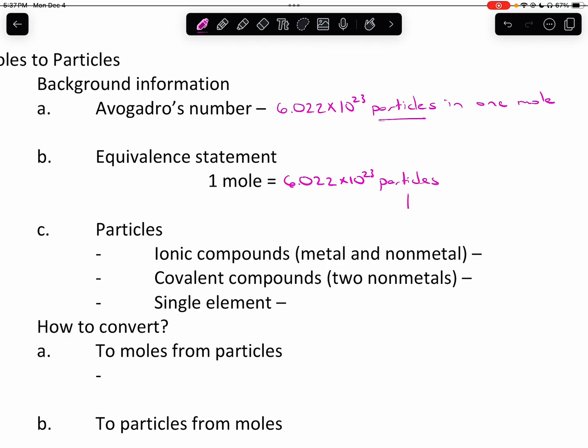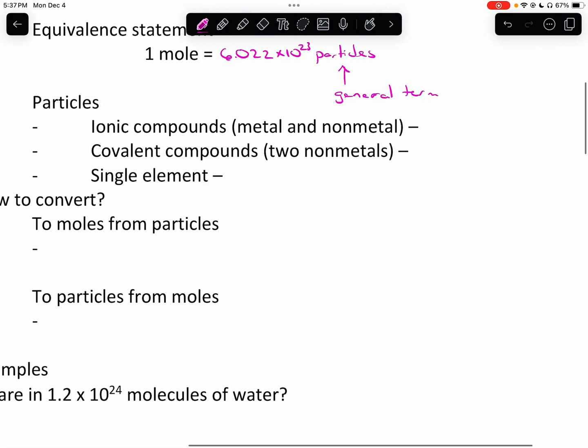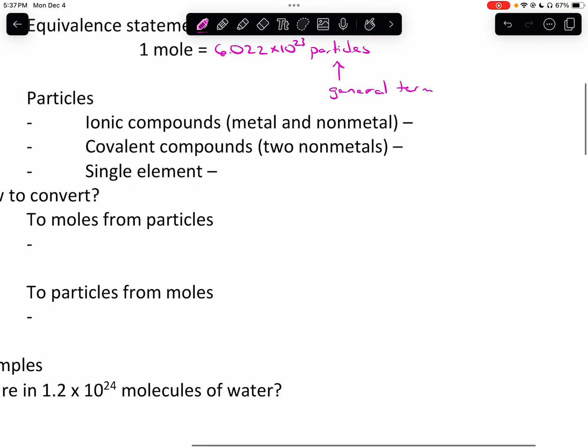Particles is our general term. We will get into a little more detail right here below. We're never actually going to label anything with the word particles. Instead, we'll have to look at what type of substance we have and go from there. For instance, if we have an ionic compound, remember, an ionic compound is made up of a metal and a non-metal.